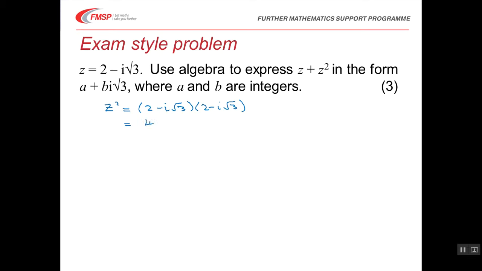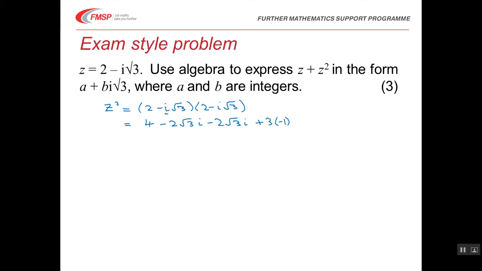So that's 2 2s are 4. We've got minus i root 3 times 2 is minus 2 root 3 i. Another 2 times minus i root 3 is minus 2 root 3 i. And then I've got root 3 times i squared. So that's plus 3 times i squared, and i squared is minus 1.